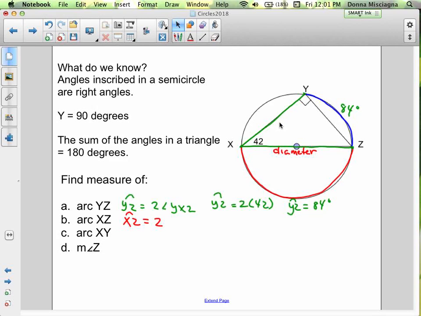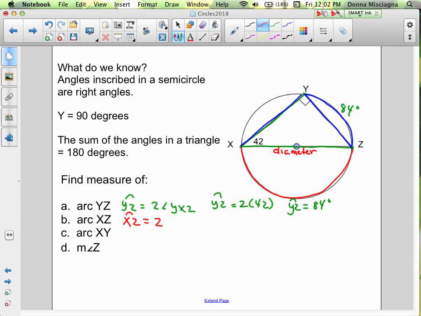Computer won't die. All right, so arc XZ is going to be 2 times, it's also our intercepted arc. We follow it back and see where the inscribed angle is. I'll do it in a different color. Here's the inscribed angle for arc XZ.